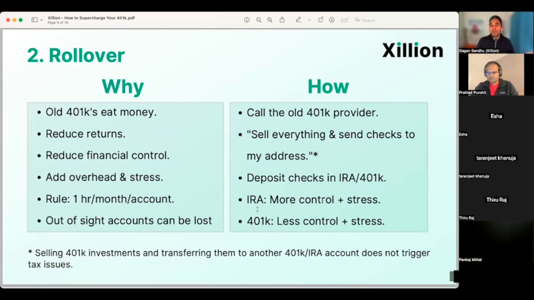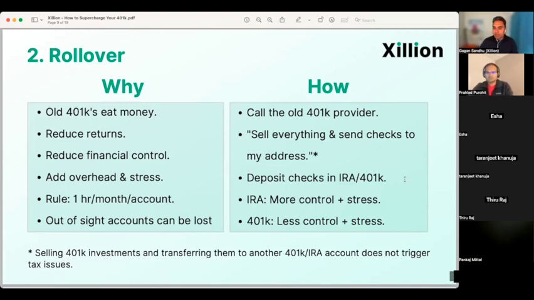If you move that into your existing 401k, you can only buy Fidelity funds or Vanguard funds, depending upon where your 401k is. But if you go into an IRA, you can buy stocks with it. You can be more creative. You can buy ETFs with it. So an IRA gives you more control, but yes, you would need more time and more stress.